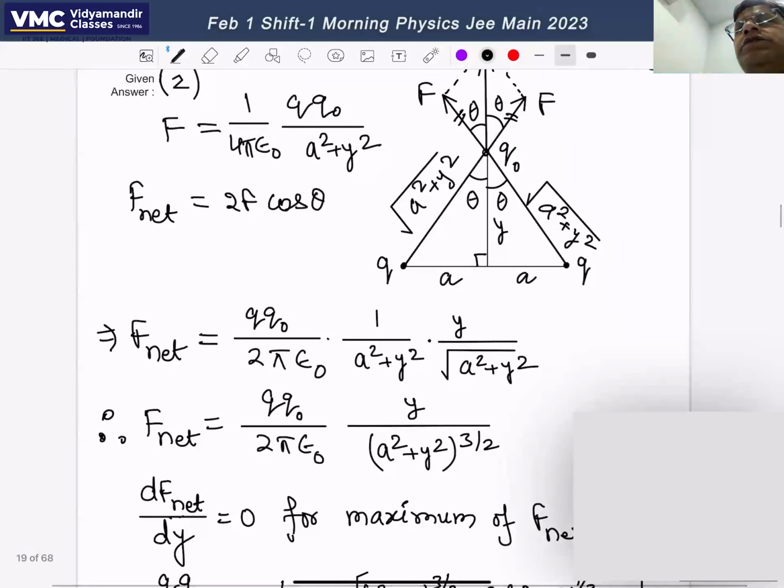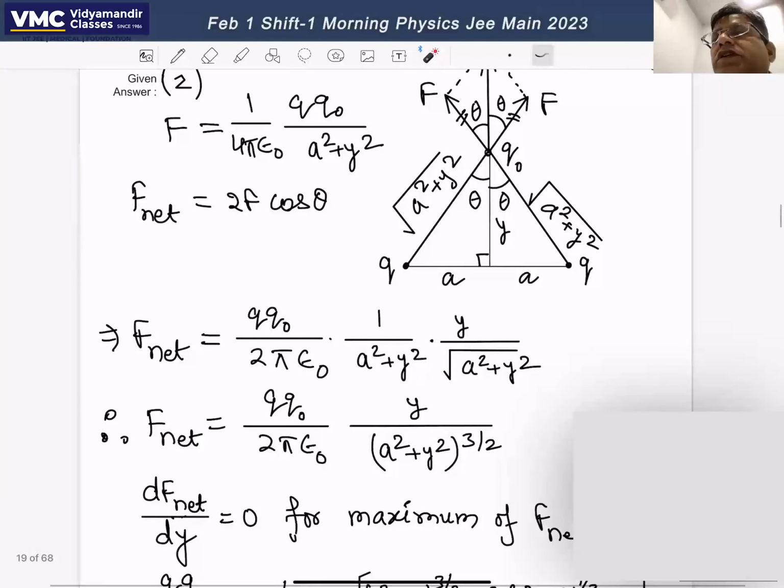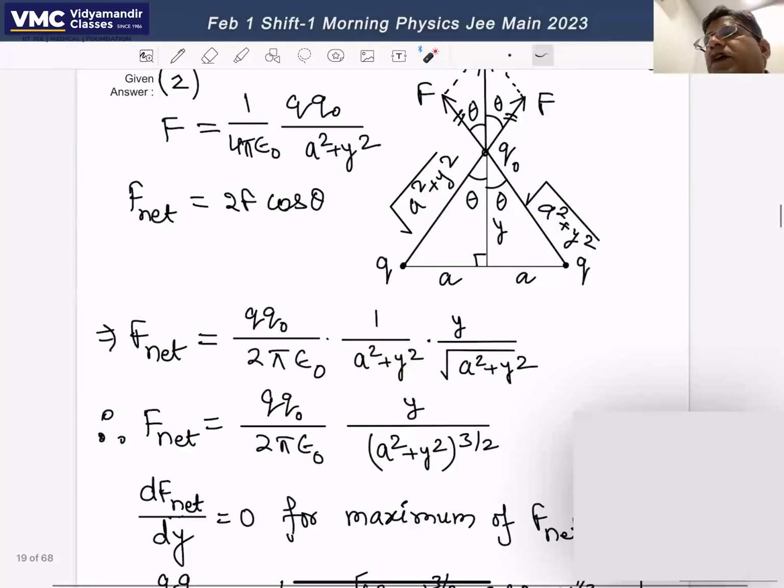Now here we will put the values of F and then the value of cos theta. So it will be Q Q0 by 2 pi epsilon naught multiplied by 1 upon a square plus y square, and then multiplied by cos theta.